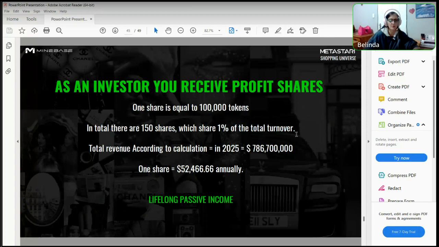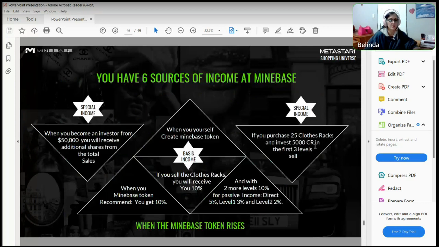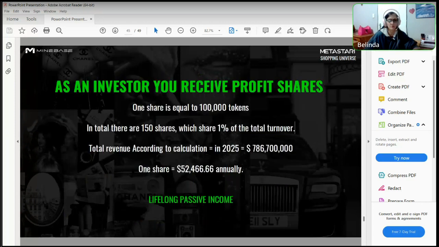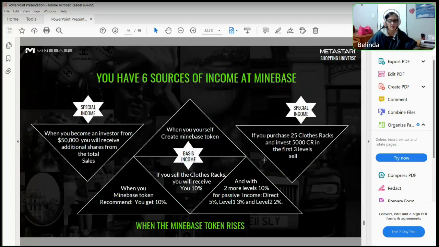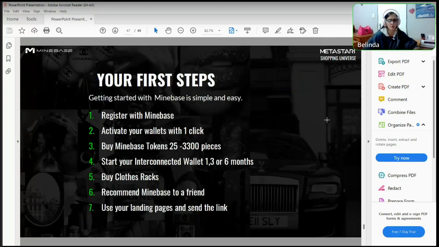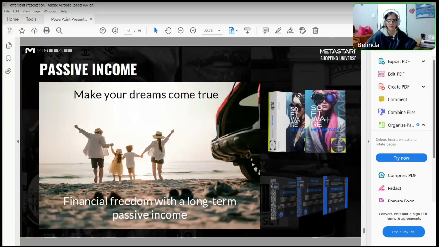Okay, so if you become a global director, you get 1% of the total turnover. Obviously, annually, as far as I know. Okay, so it's just explaining 6 different sources of income with the Minebase at the moment. And then your first steps up, which we know about.